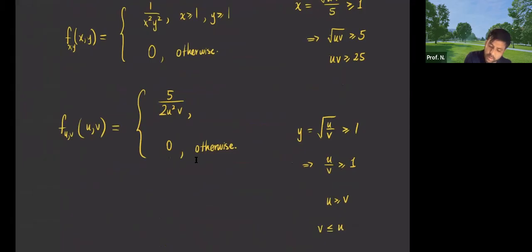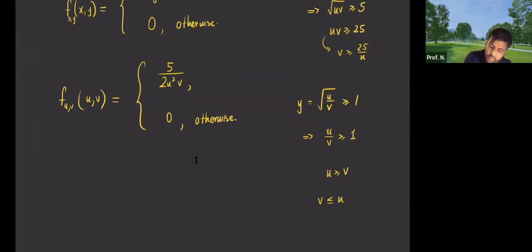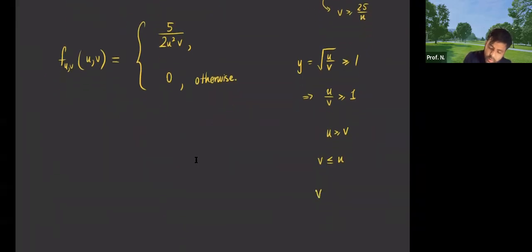And at the same time, v here is greater than or equal to 25 over u. So v is greater than this, but then smaller than u. So v is in between 25 over u and u.